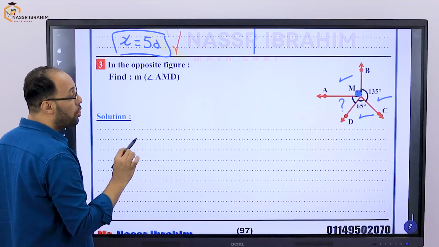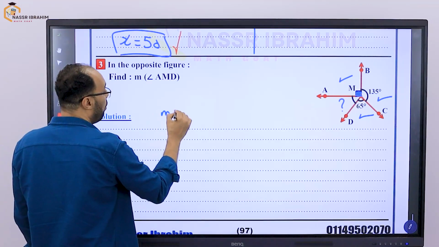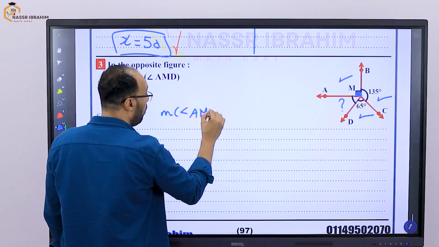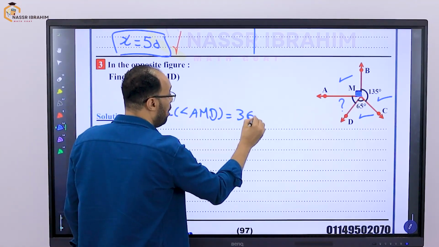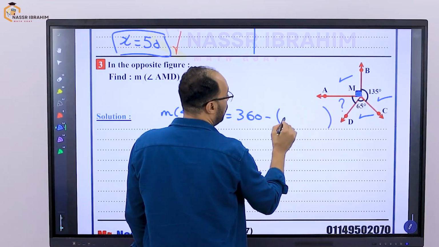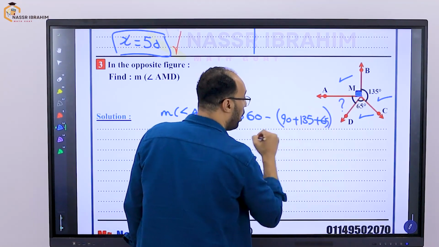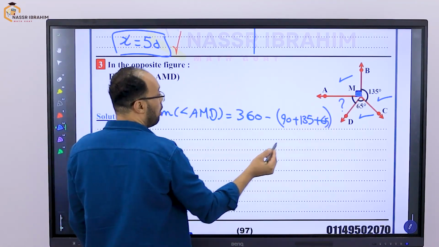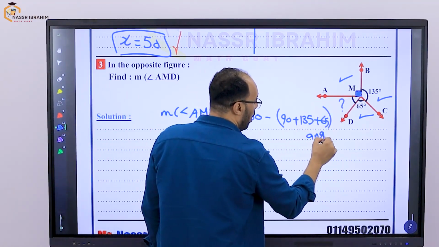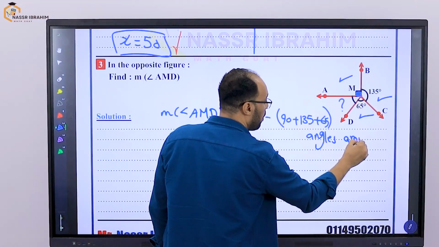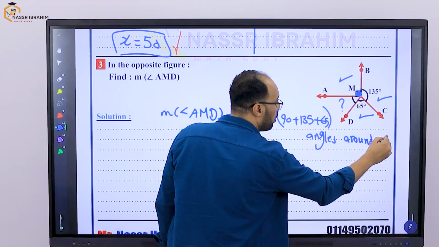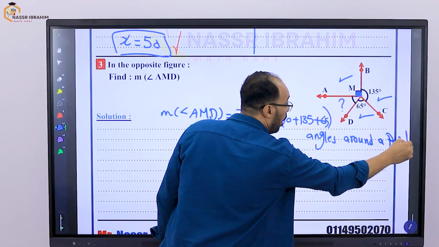The result will be the measure of angle AMD. So measure of angle AMD equals 360 minus the sum of 90 plus 135 plus 65. The reason is angles around a point.